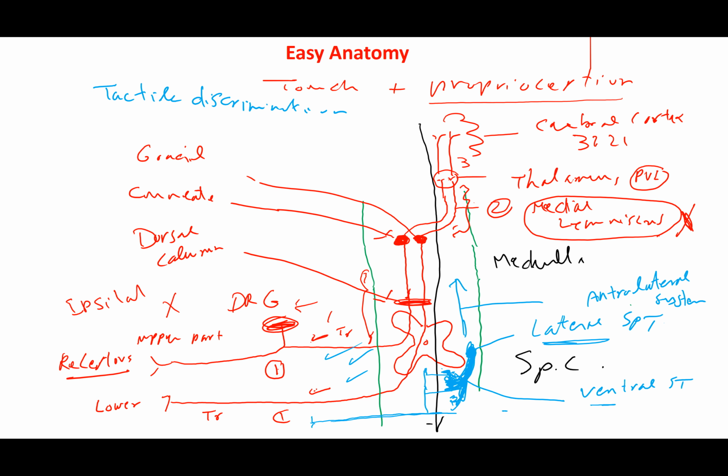This is also what we call stereognosis. You cannot recognize things by touch if you close your eyes.